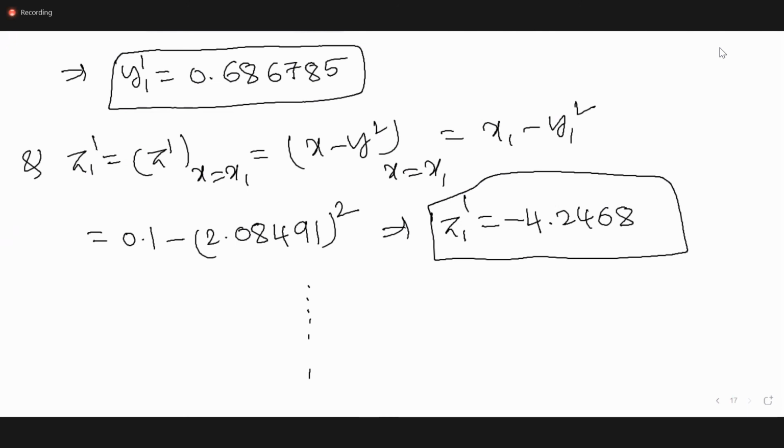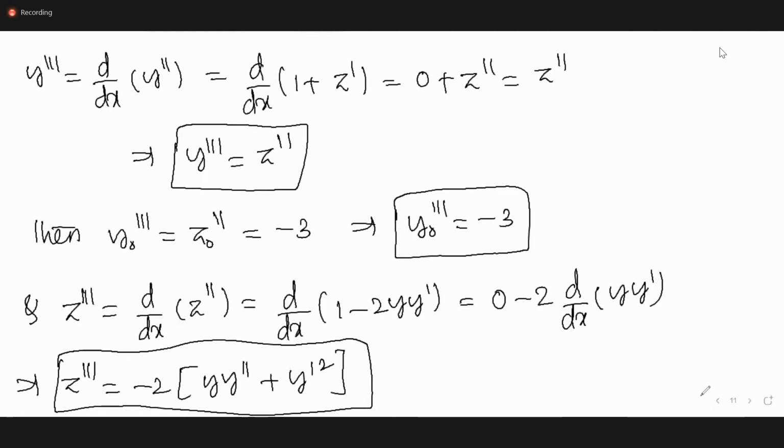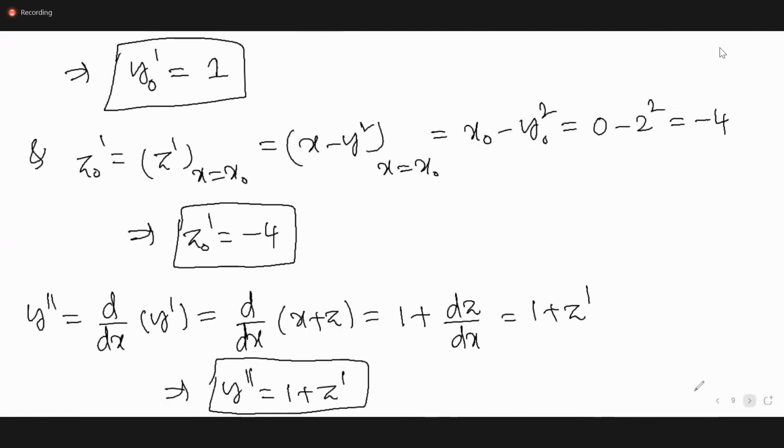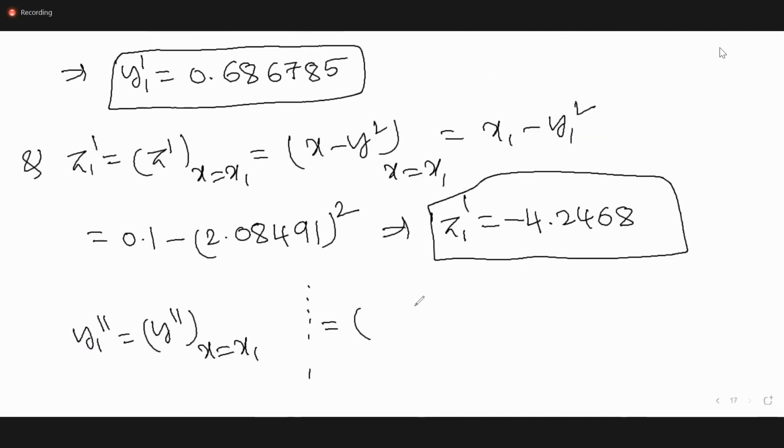Similarly, y1 double dash, z1 double dash. y1 double dash means y double dash at x is equal to x1. What is the y double dash derivative? y double dash is 1 plus z dash, at x is equal to x1.